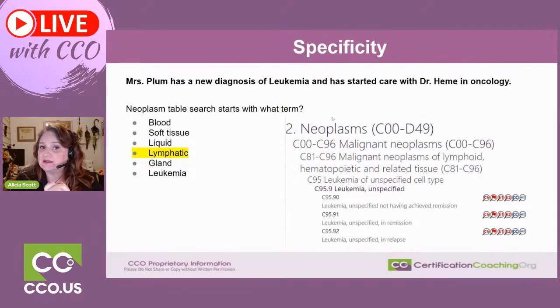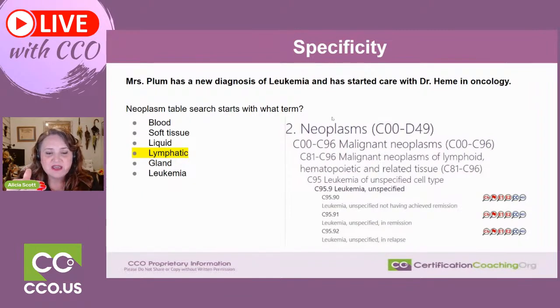There is gland in there, but the key term is going to be lymphatic, because when you look at the tabular, it's divided up into malignant neoplasms with the code range malignant neoplasms of lymphoid, hematopoietic, and related tissue. Then it narrows it down to leukemia unspecified.